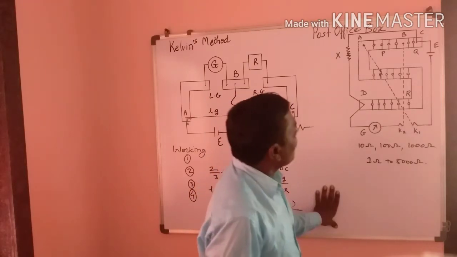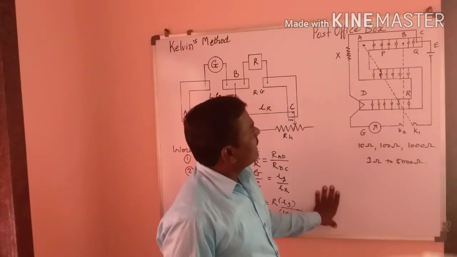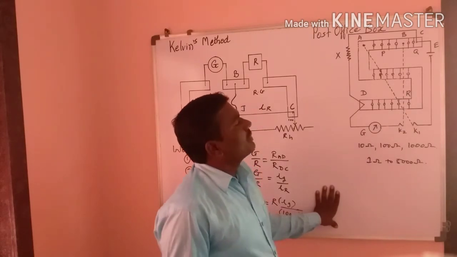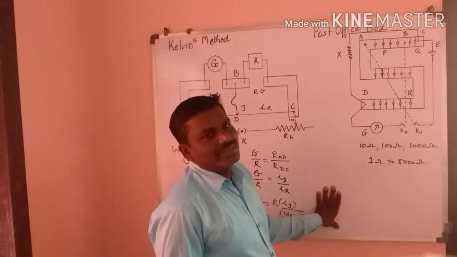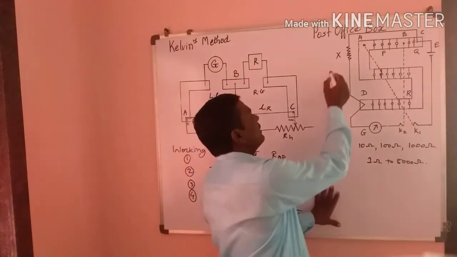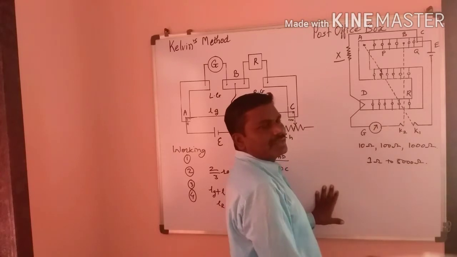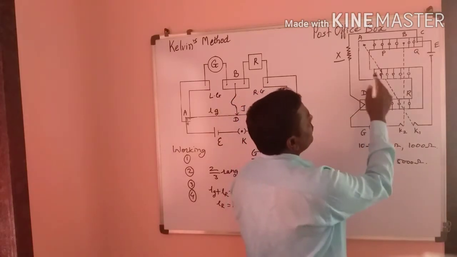Here the resistance is removed from the arm R in such a way that, this X is the unknown resistance or the fourth resistance, and then we form a Wheatstone bridge.